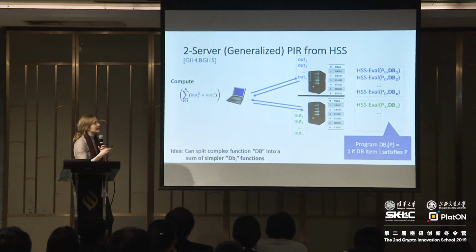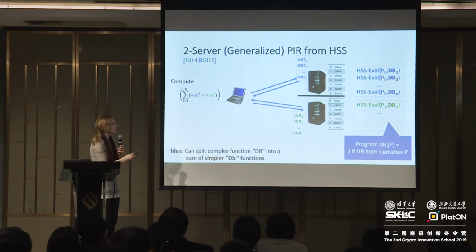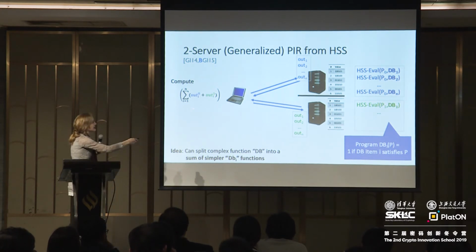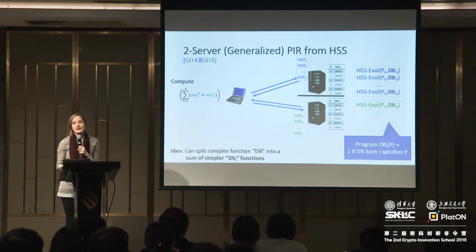So this would give me exactly either 0 or 1, depending on whether the first item in the database is satisfied. Now if I sum it over all of the different database items, this gives me exactly the count of how many database items satisfy the predicate. Okay, so that's the first one.